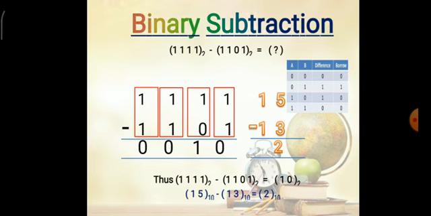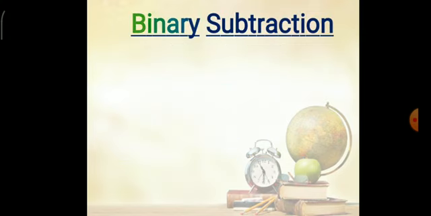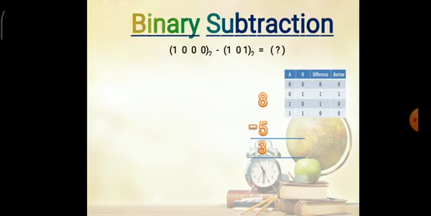Let's take another example. 1000 minus 101. Let's solve it. 1000 is binary of 8 and 101 is binary of 5.